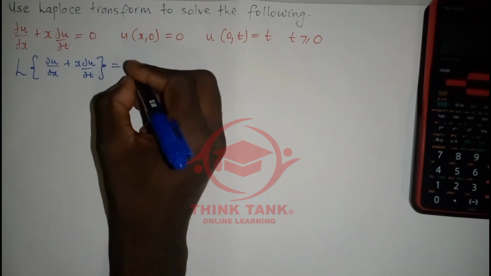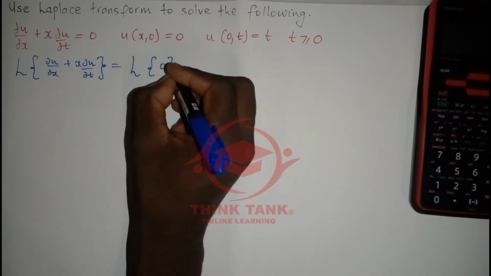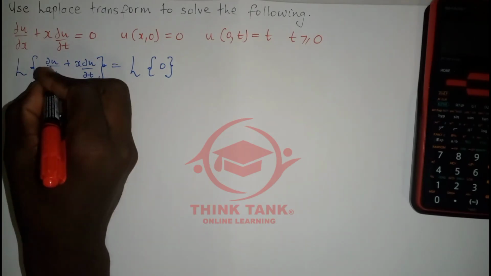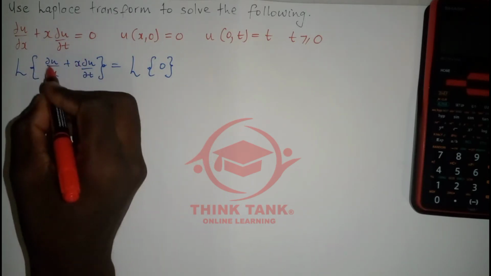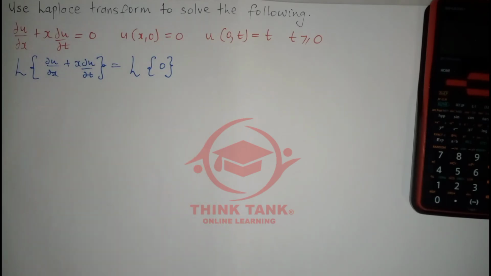We're also going to transform everything on the right hand side, and in this case we have 0. You can also write partial u partial x as ux, and partial u partial t as ut.